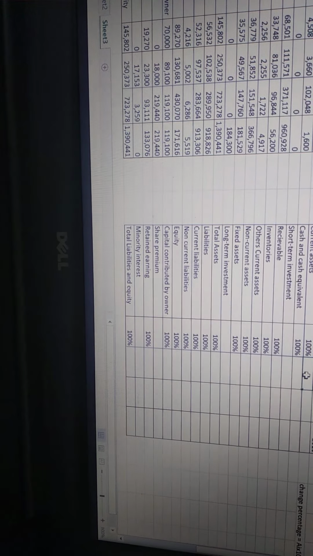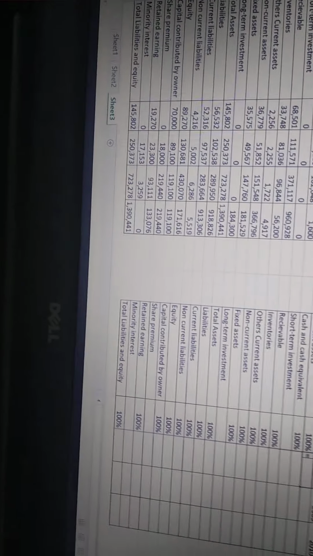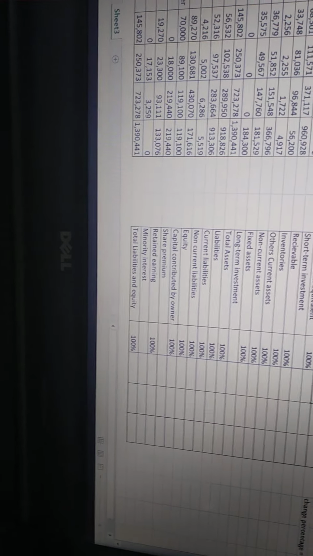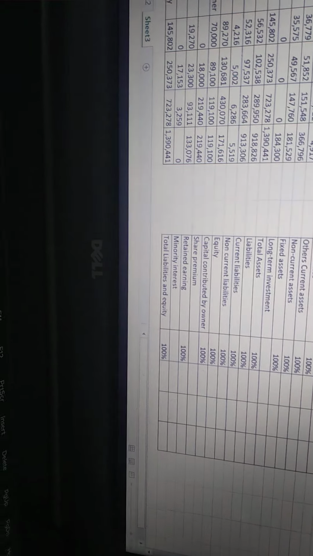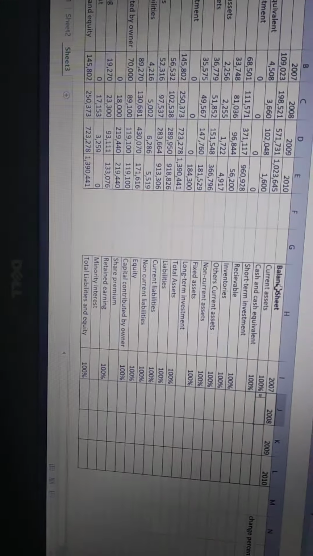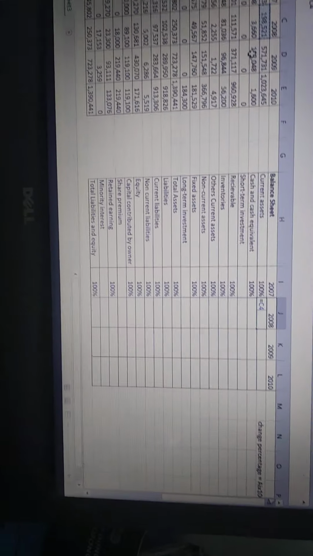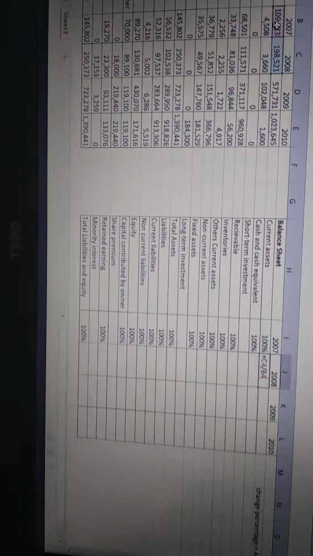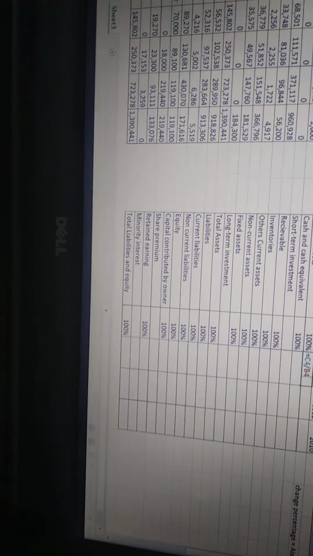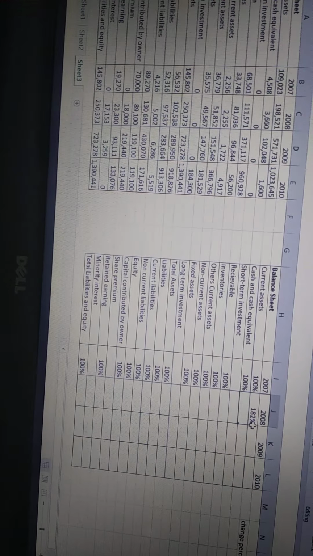And then for 2008, right? So now we will take the value of the item in 2008 divided by the value of the item in the base year. So for example, with current assets, we take current assets in 2008, divide it by the value of current assets in 2007, the base year, and we got 102%, right?